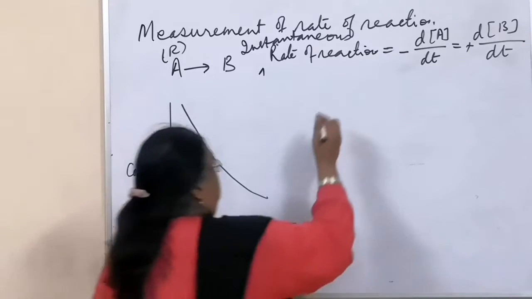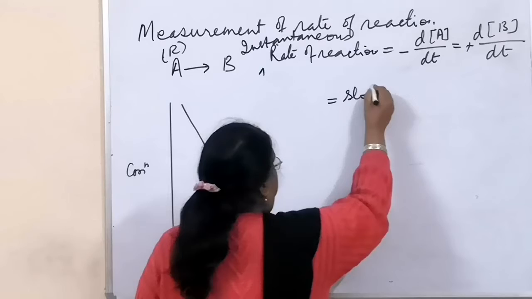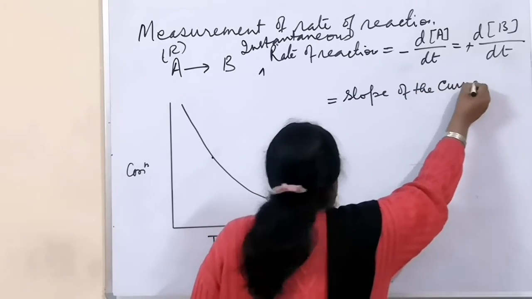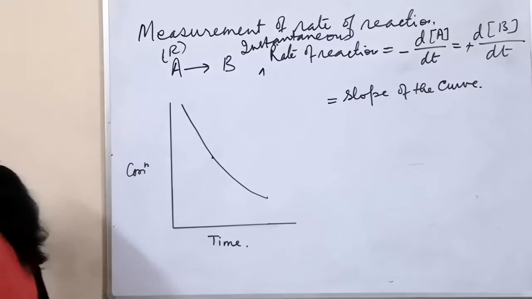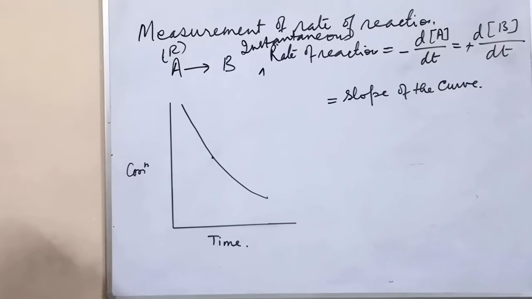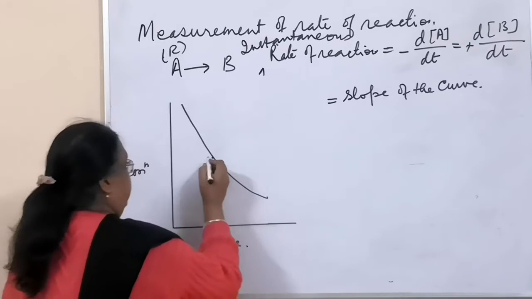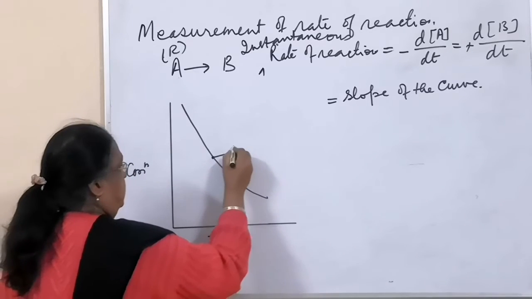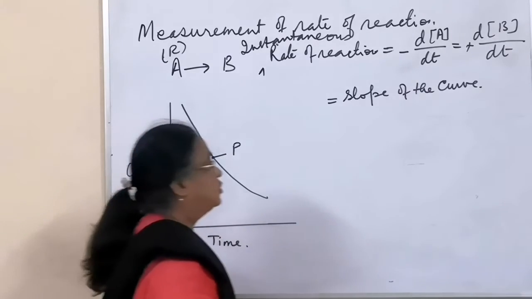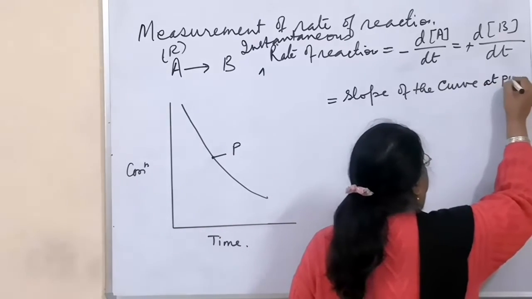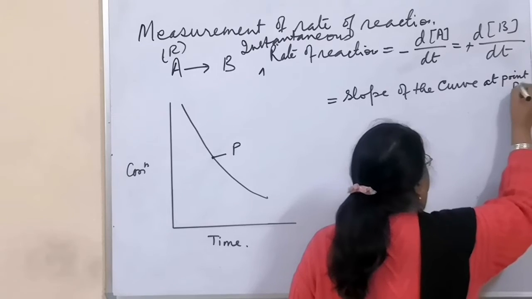So the rate of the reaction is equal to the slope of the curve at this point, say this point is P.